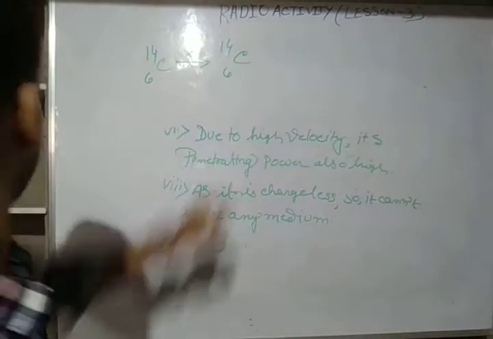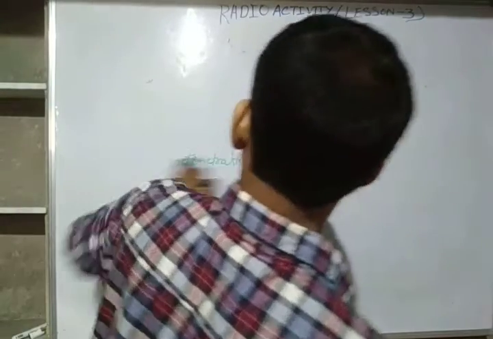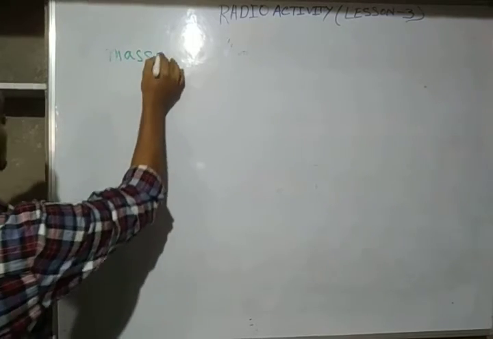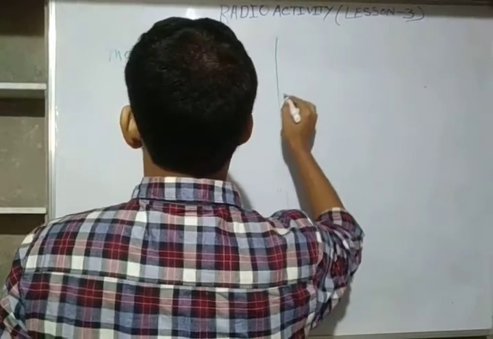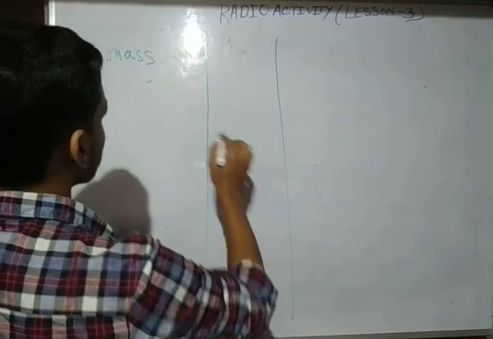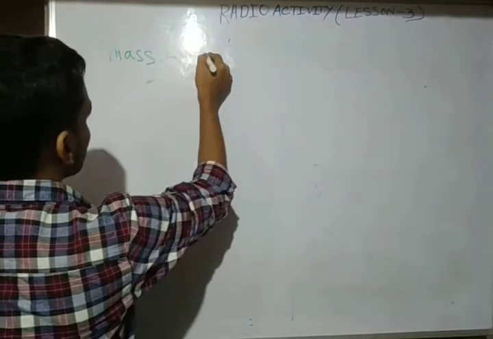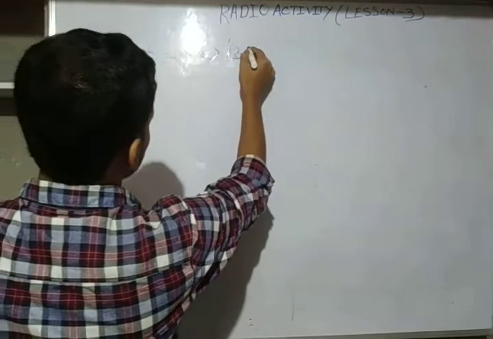Now this whole discussion can be concluded in a single chart. We can compare alpha, beta and gamma ray in a single chart. Let's see. Mass: mass of alpha is highest among them, then beta, then gamma.